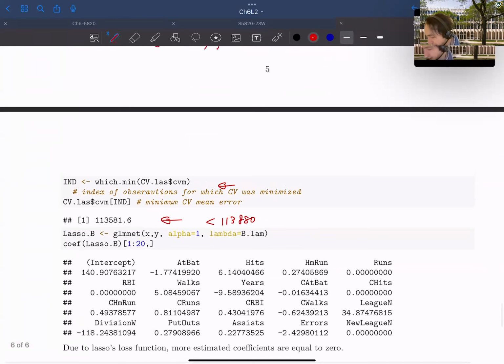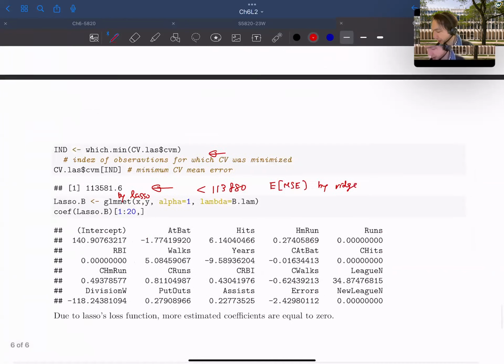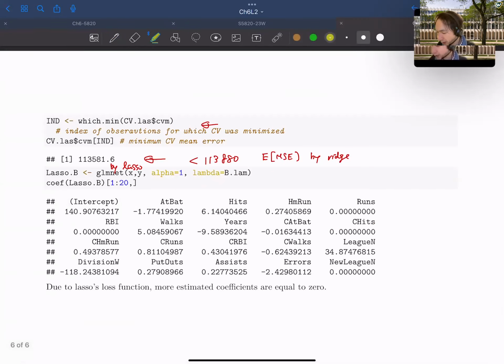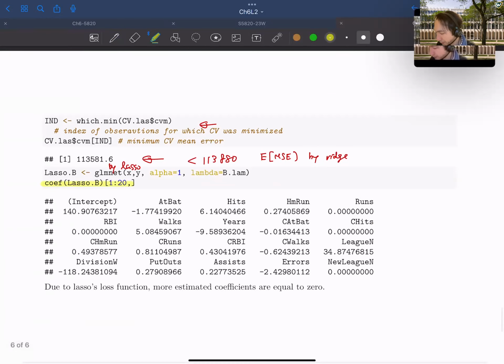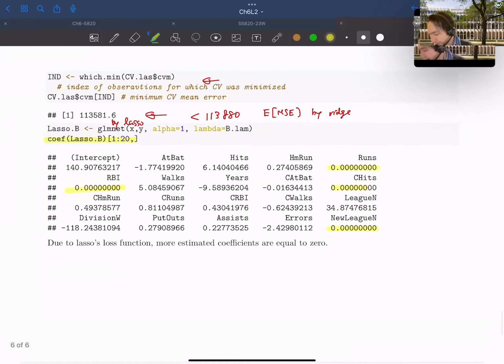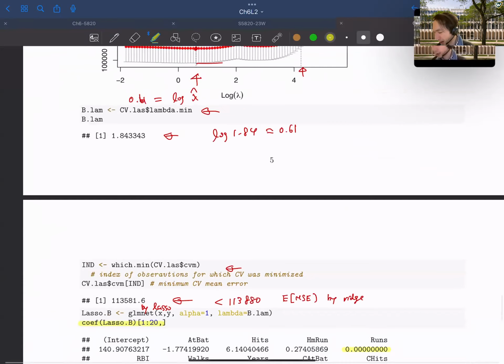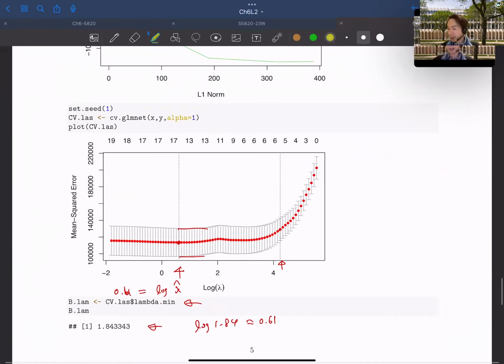So this is the expected cross-validated mean square error by ridge, and this is by lasso. In this case, lasso is marginally better, and if we calculate the lasso estimates, some coefficients are actually 0 because the lasso makes some coefficients 0. So lasso is maybe marginally better than ridge regression. That is the result.